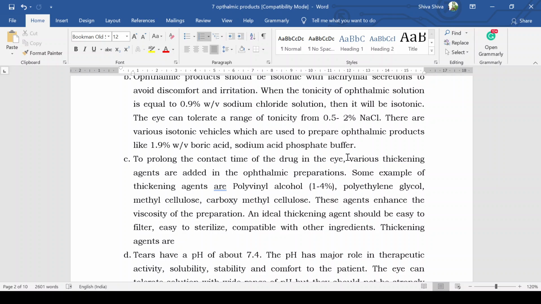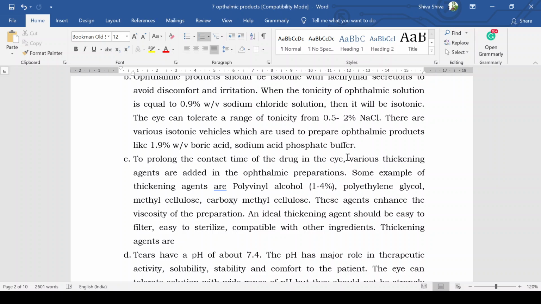Hence, in order to prolong the contact time of the drug in the eye, various thickening agents are added in ophthalmic preparations. If your ophthalmic product is thick enough, then because of its thickness, that product will not get drained from the eye, and hence thickening agents are generally added.